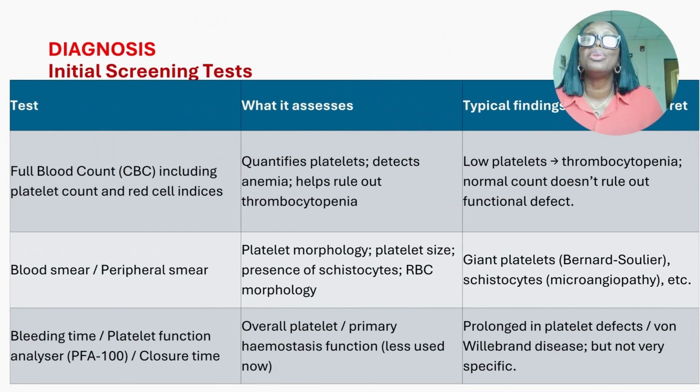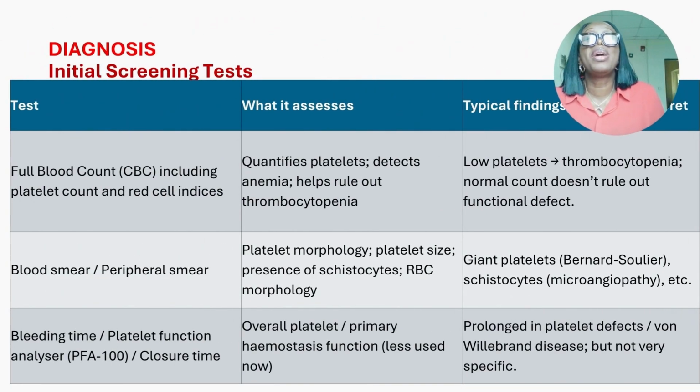That will also help us know whether the individual has a bleeding disorder. Now let us look at diagnosis a bit more: the different tests I just mentioned, what they assess, and the typical findings.